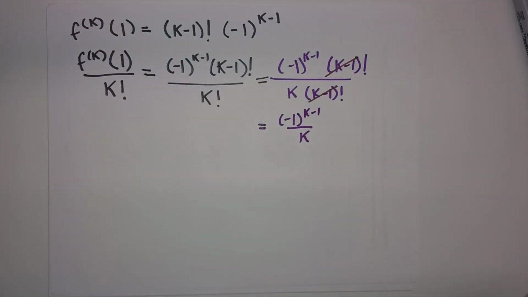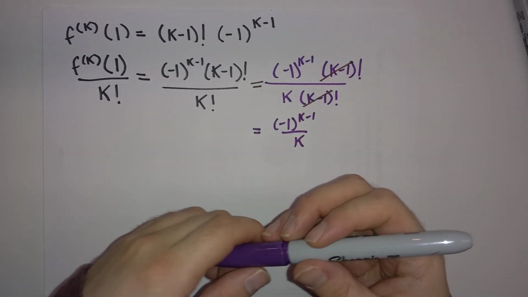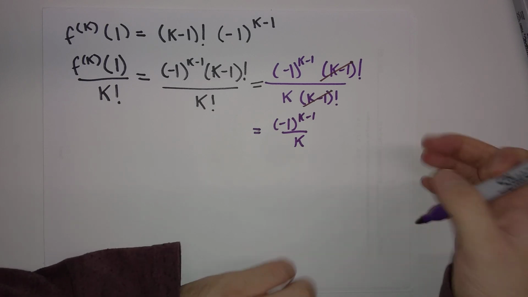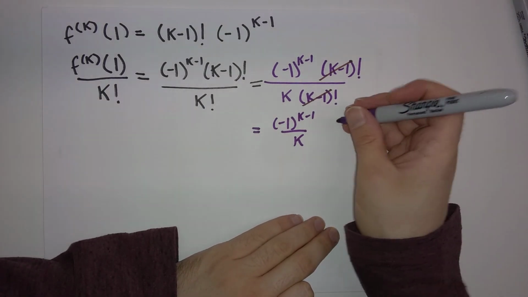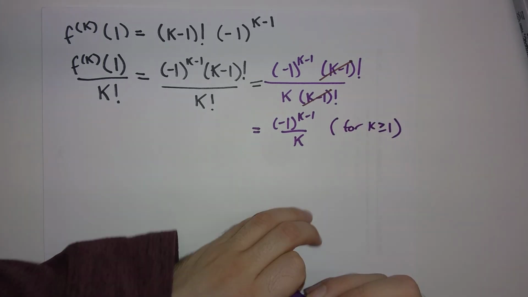And so this is what the coefficient of x to the k is going to be. This is going to work for k at least 1.